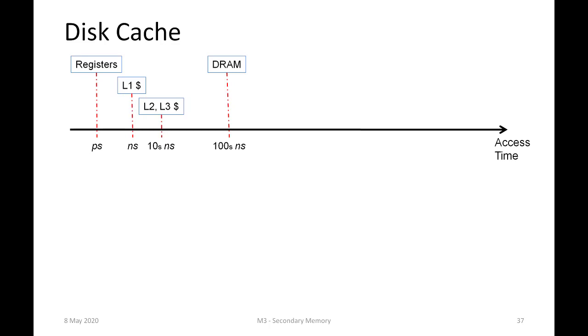If we miss DRAM also, we would need to access the secondary memory. If the secondary memory is based on flash technology, that's a solid state drive, we would need a few hundreds of microseconds. If we are using HDD, then we would require a few tens of milliseconds, and if we were using a magnetic tape, it would take a few hundreds of milliseconds.